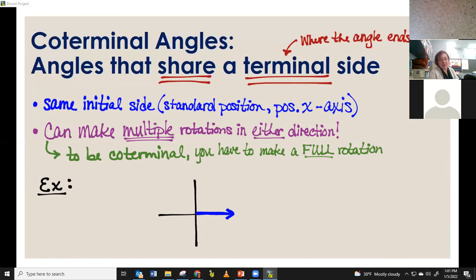They all start in standard position. And so when I say that they share a terminal side, when they are coterminal, that means the angles would begin and end in the same place. Yes, they're always going to begin on the positive x-axis, and then to be coterminal means that they end in the same spot as well. Yep, good questions.